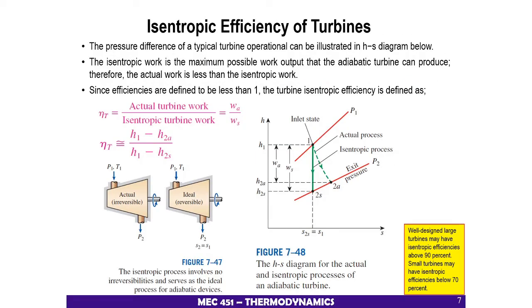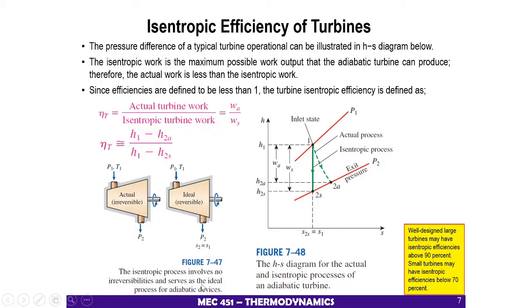Isentropic efficiency for a turbine. The pressure drop for a typical turbine operation can be illustrated in the enthalpy-entropy diagram below. The isentropic work is the maximum possible work output that the adiabatic turbine can produce, therefore the actual work is less than the isentropic work.